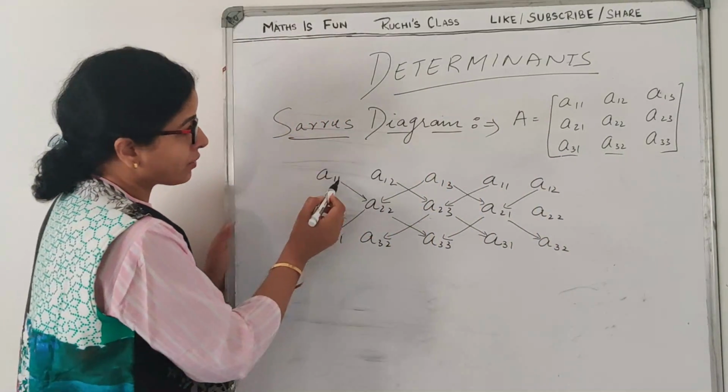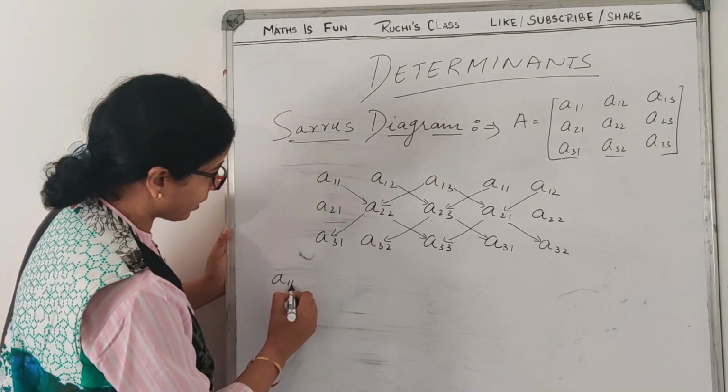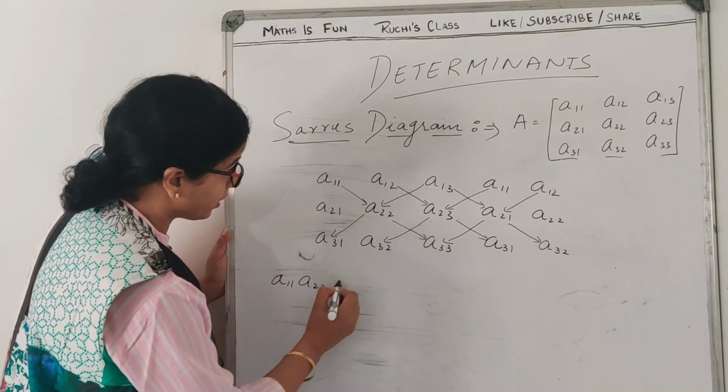So when I have taken these front arrows, I'll write A11, A22, A33.